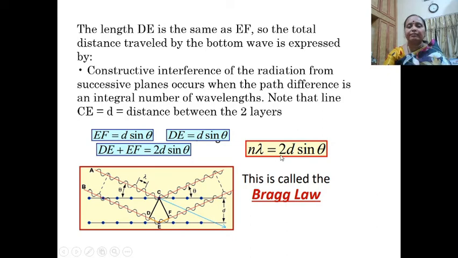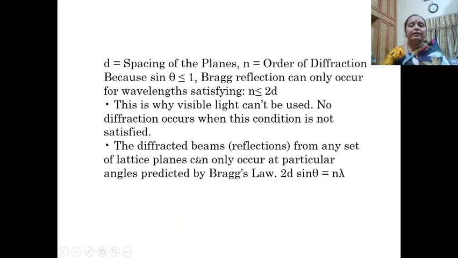That is, n lambda equals 2d sin theta, and this is called Bragg's law. Here d is the spacing of the planes and n is the order of diffraction. Because sin theta is less than or equal to 1, Bragg reflection can occur only for wavelengths satisfying n lambda less than or equal to 2d.